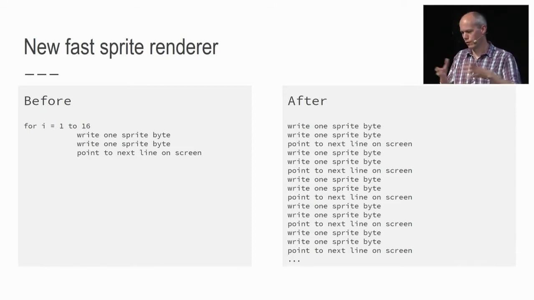So when you unroll the loop, rather than having one loop that's operated 16 times, you have the same piece of code copied 16 times. So we write one sprite byte, write the next one, point to the next line of the screen, then immediately the next byte, next line of screen. And this unrolling, again, saves us a few clock cycles.